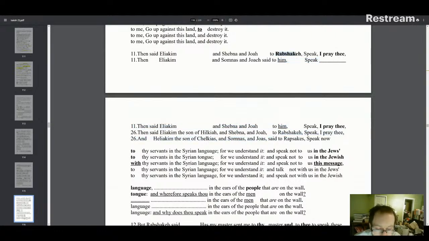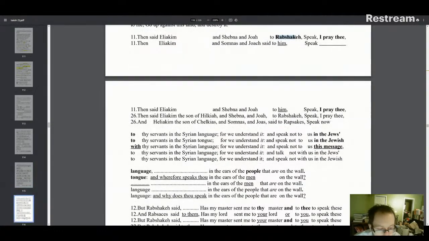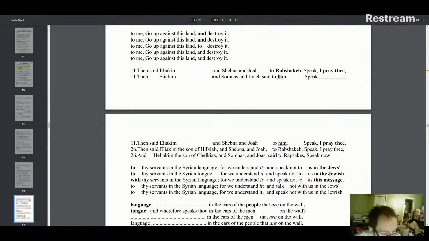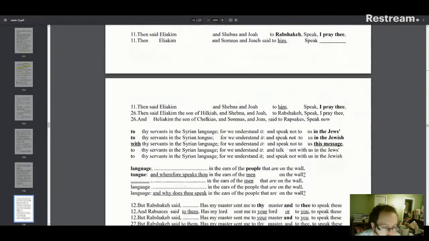So I'm more inclined to agree with the Rabshakeh reading because of the correspondence with 2 Kings, but the Dead Sea Scrolls reading definitely makes it more considerable, because it authenticates the Septuagint reading. So let's see here.